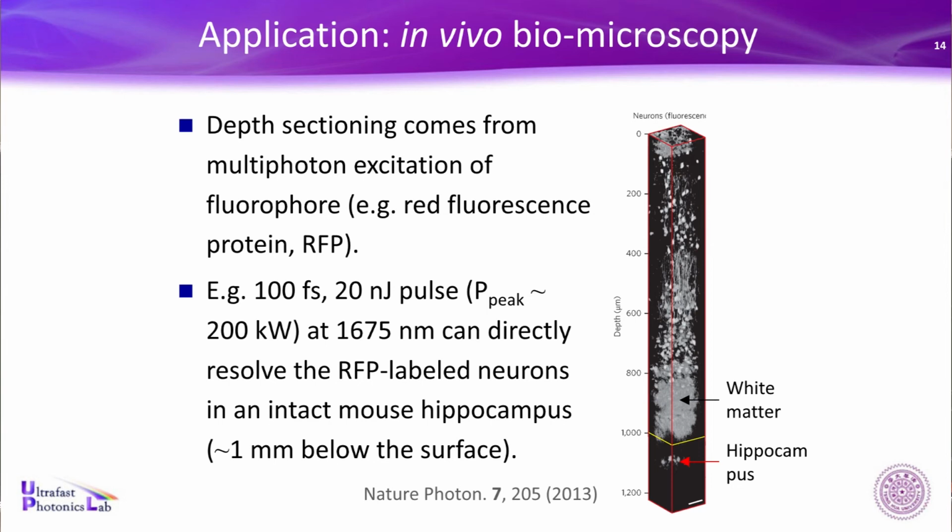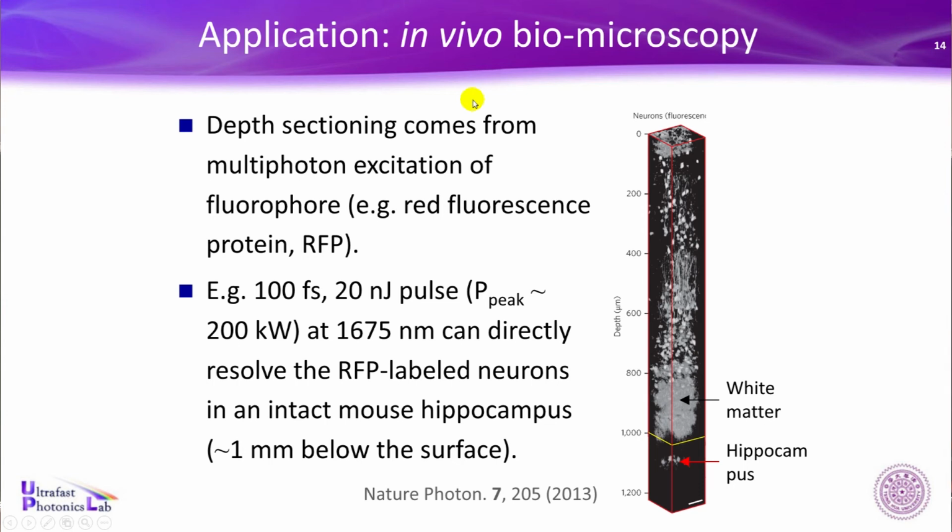If you want to take a 3-dimensional image like this, you need X, Y, and Z, right? You need 3 axes. X, Y are very straightforward, right? You just need to focus your laser beam and scan the spot. You can have XY resolution. But how do you get Z resolution, the depth resolution? And when it is still alive, how can you do that?